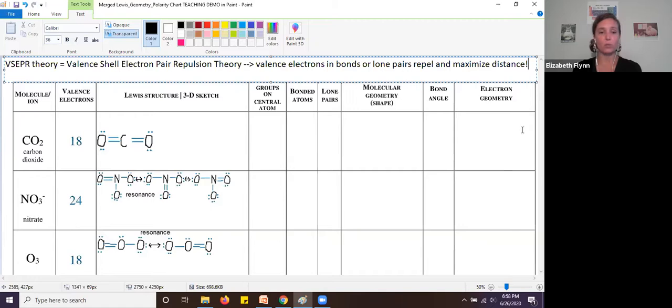And this is a great example where the Lewis structure can tell us about the shape. And once we know about the shape today, we can know more things about how, say, for instance, if the molecule is polar or not, if it can dissolve in water, if it would have a really high boiling point or a really low boiling point, perhaps be a gas or a liquid or a solid at room temperature.